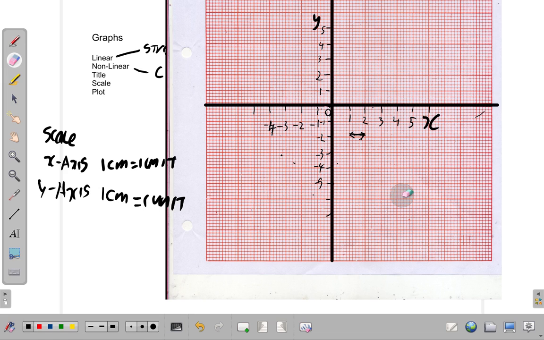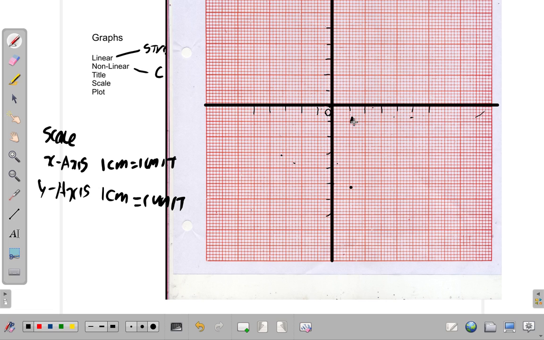But depending on the numbers, I might use a different scale. Let me erase these. Suppose, for example, I am going from 0 to 5 on the right and to negative 3 on the left.